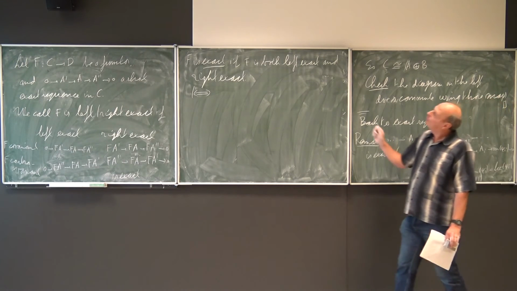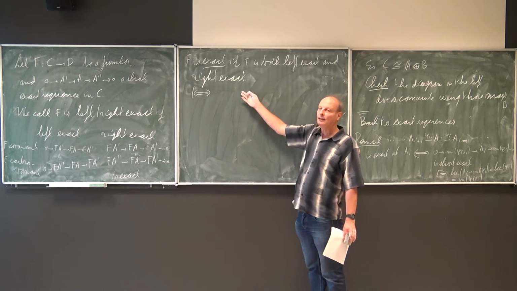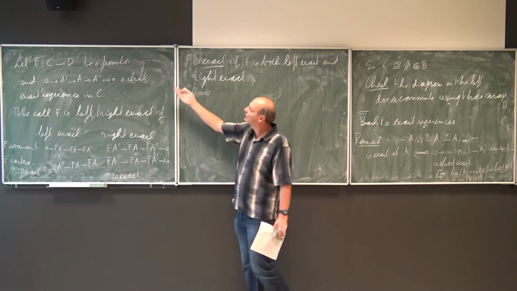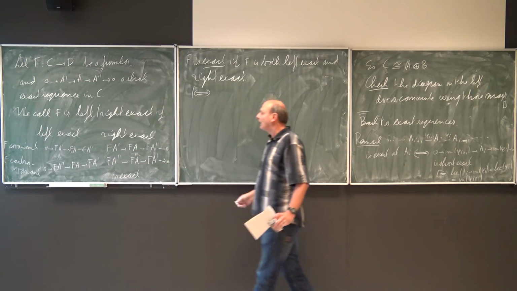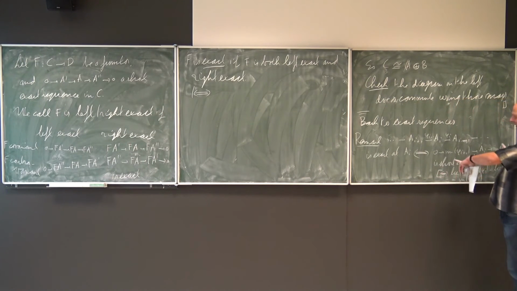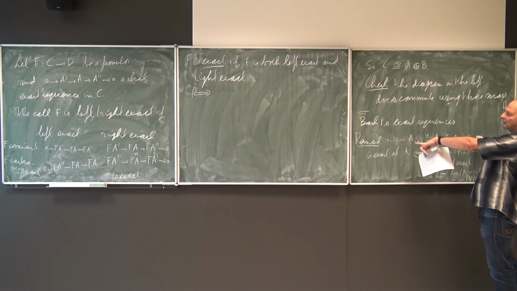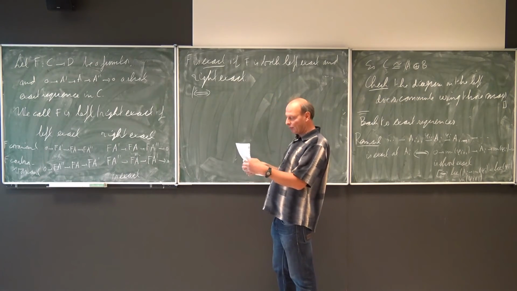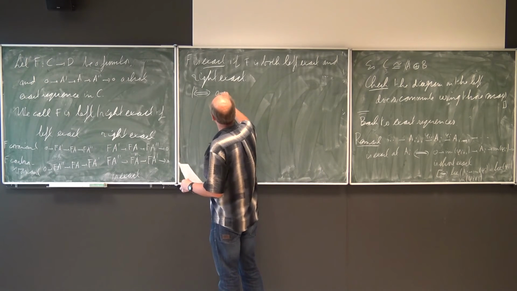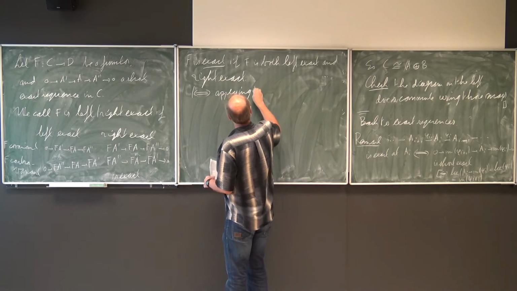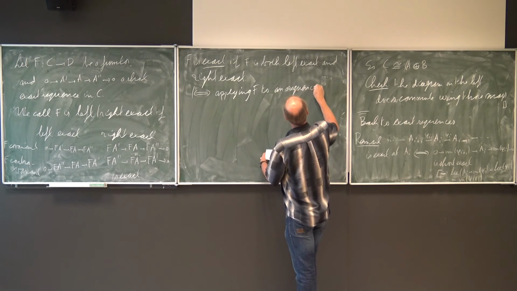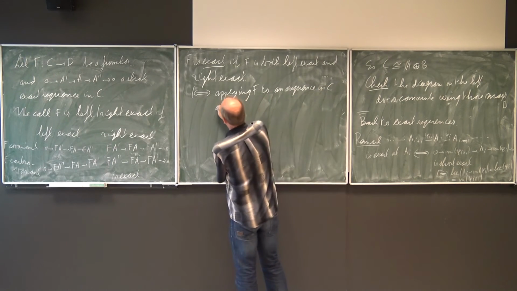That means that if you have a functor F, which is both left and right exact, it will preserve short exact sequences, in the sense that if I apply F to a short exact sequence in C, I get one in D. And then I can play the same game again, going from the short exact sequences I have there in D, and putting them back together again to a long exact sequence in D. So if you work this out, you see that F is exact if and only if applying F to an exact sequence in C always gives an exact sequence.